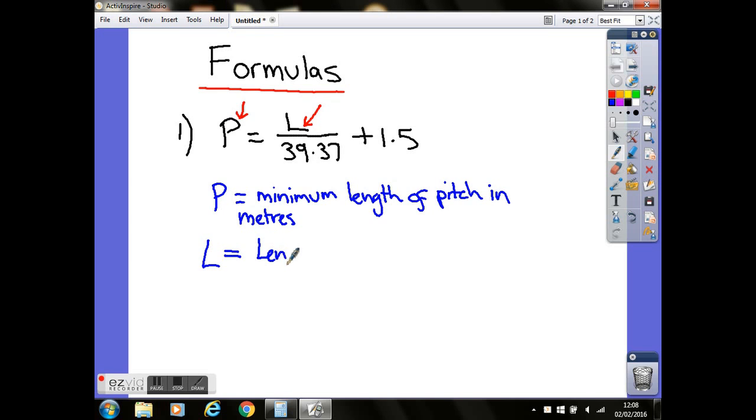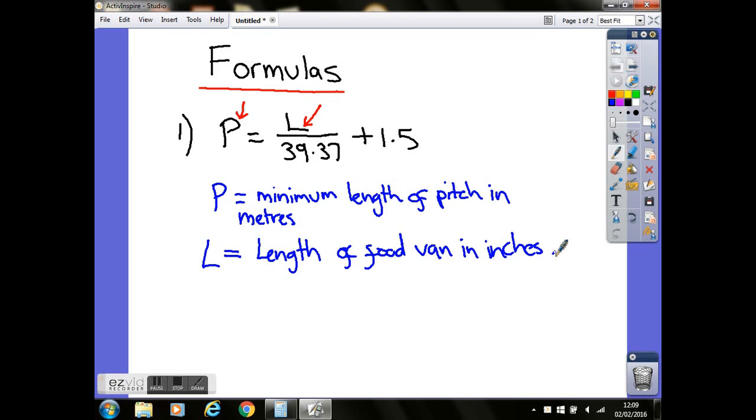Again, this might not make too much sense because we haven't read the full question, but it's more a case of how to do the formula itself and work with the numbers. So we know what the letters stand for, now we just need the numbers.